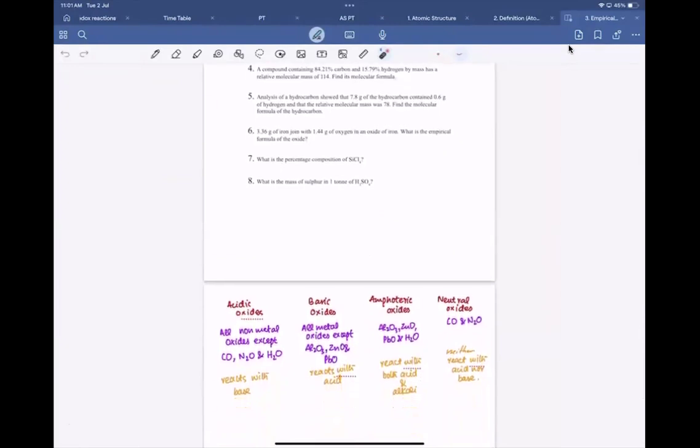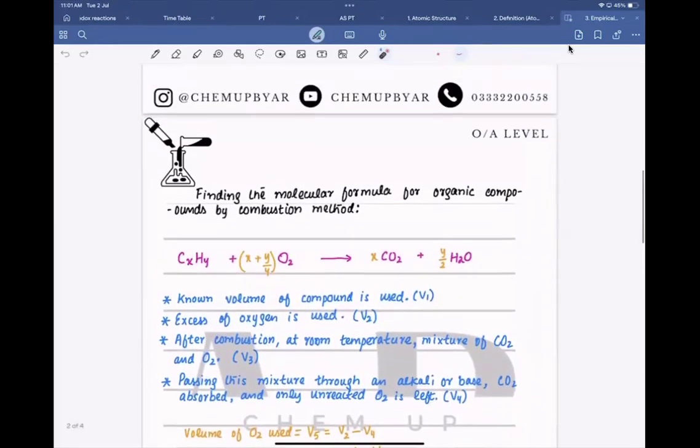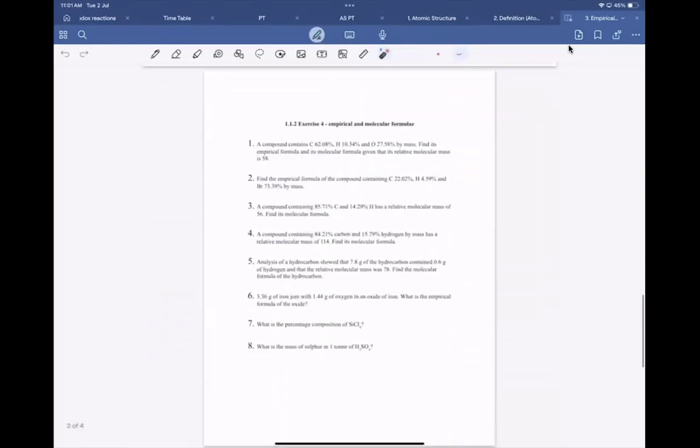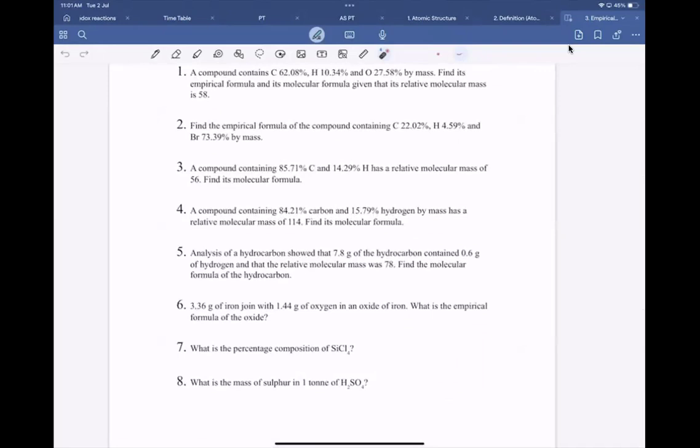There is one other way to find the molecular formula, which I'm going to explain tomorrow. But these questions are based on the previous method, which you have already done in your O levels. So do go through those and try to attempt these questions before tomorrow's class.